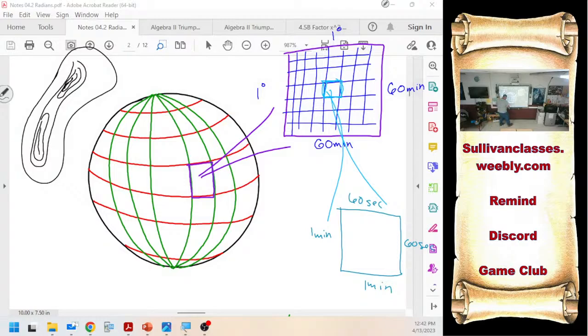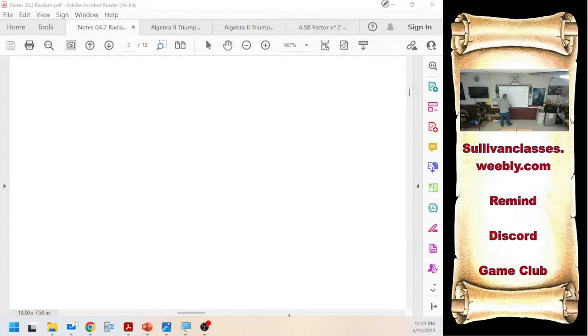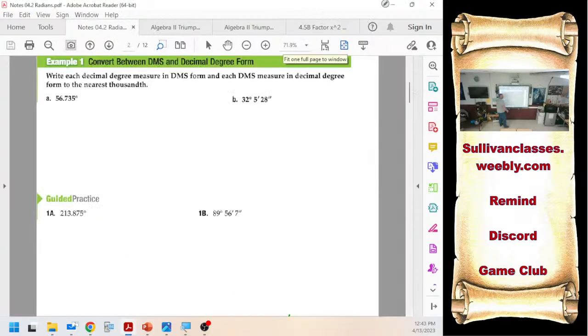So, degrees, minutes, and seconds is how the ancient ones broke up the Earth. And just like feet and inches are shown with 1 tick mark and 2 tick marks, minutes and seconds are shown the same way. Okay? So I'm actually going to do B first.